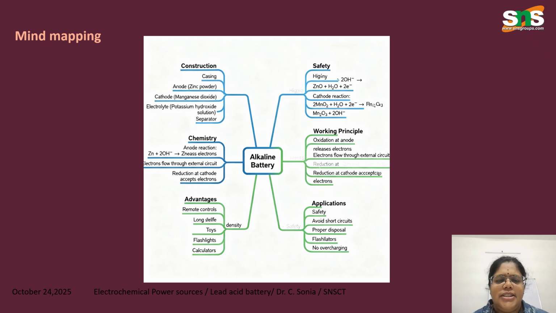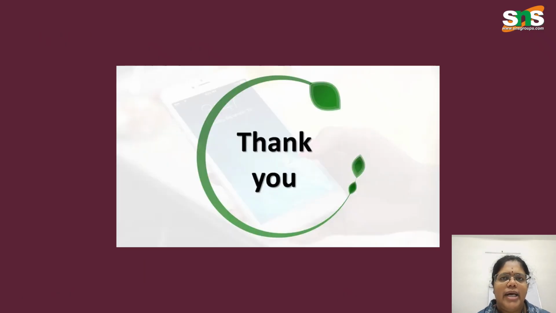Advantages: how advantageous it is, used largely in remote controls, with long shelf life and many applications. Safety and proper disposal are very important. So these are about the primary battery, that is the alkaline battery, which is widely used in the current scenario.